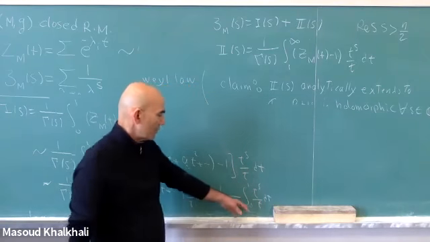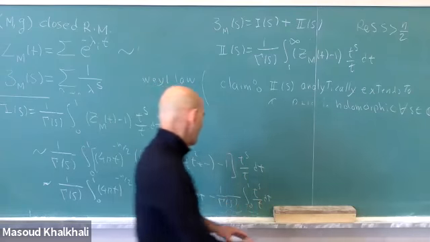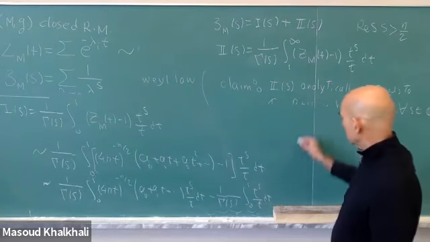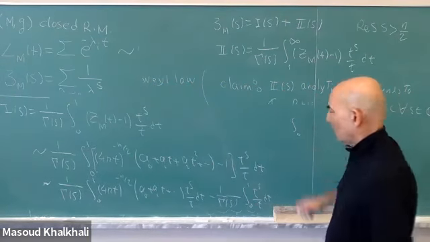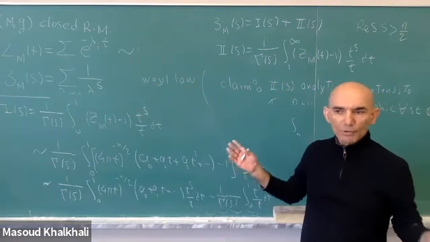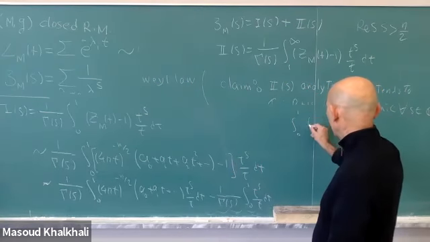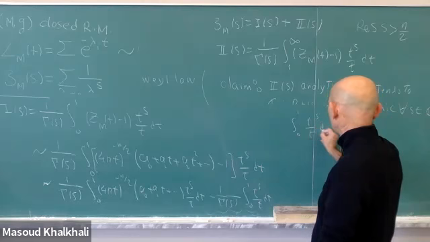Let's look at the second part first. What is this function? Of course, we are, for the moment, in real part of s bigger than n over 2. That's the original domain, right? So 0 to 1, t to the s over t dt.